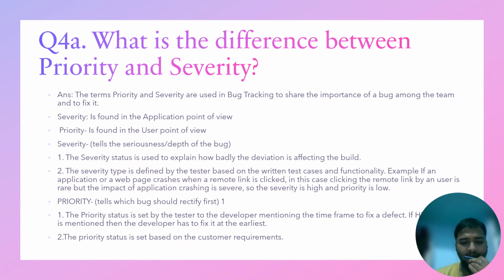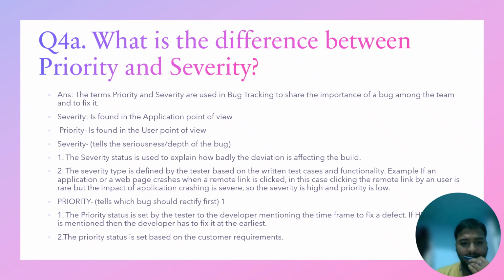Example: if an application or web page crashes when a remote link is clicked, the link is rarely clicked by a user, but the impact of the application crashing is severe, so the severity is high and priority is low. Priority tells which bug should be rectified first.